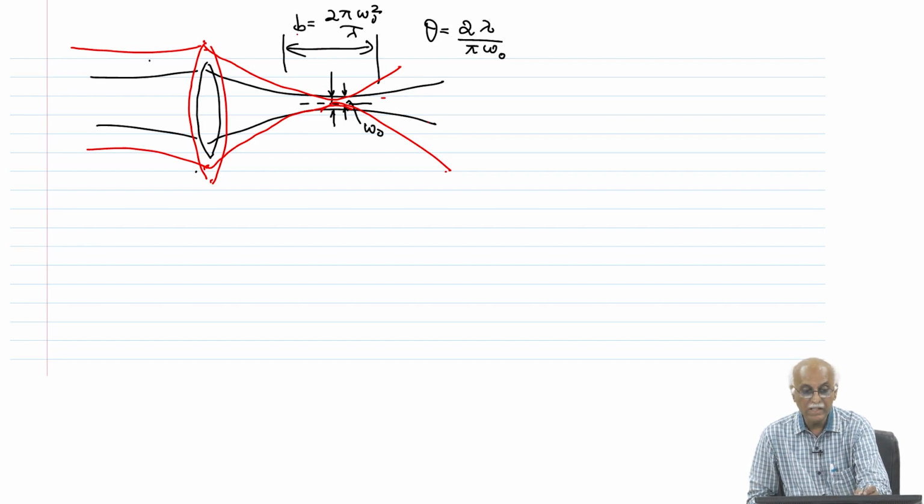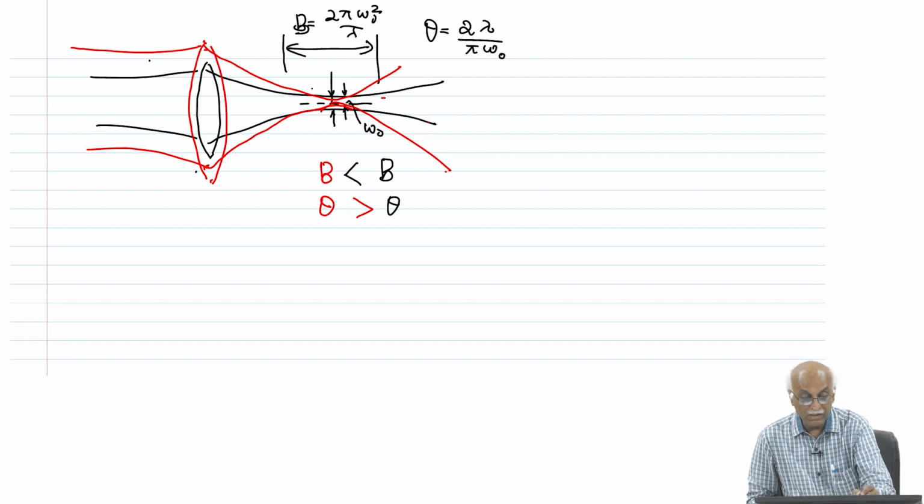The confocal parameter for the red color will be smaller than the confocal parameter for the black, and the divergence angle for red will be much larger than for black.